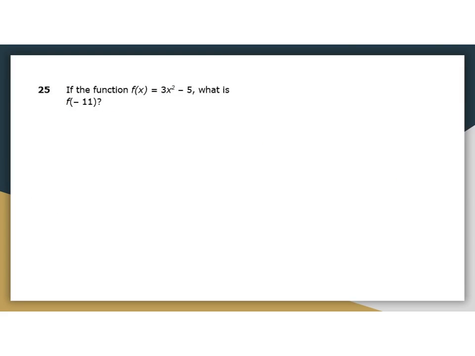In this last question for the video, we're told the function f of x equals 3x squared minus 5. What is f of negative 11? So when you come back, recall f of x, you have what is inside is the x value, and then the entire thing is the y value.